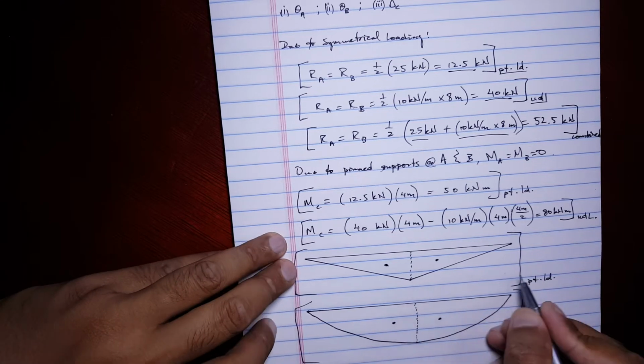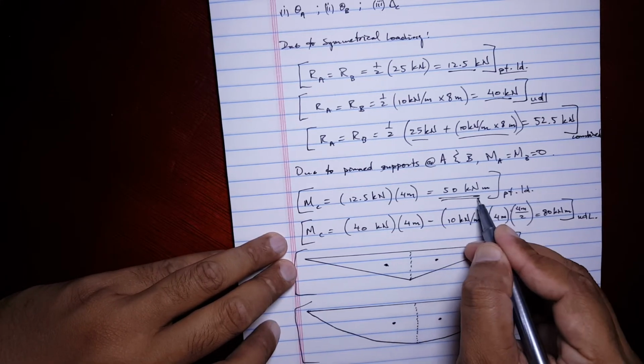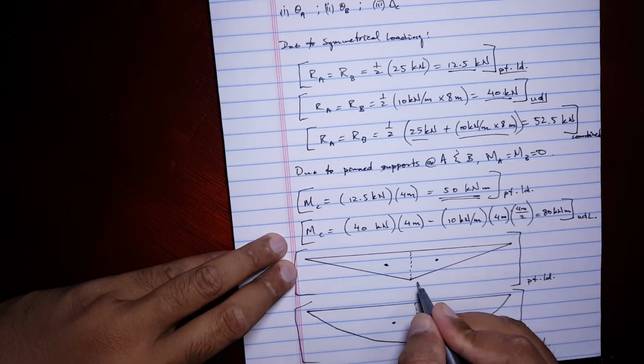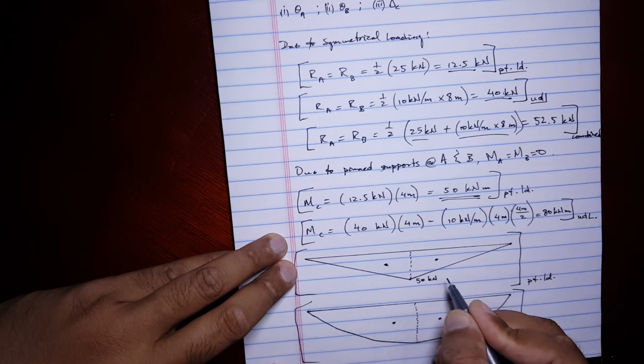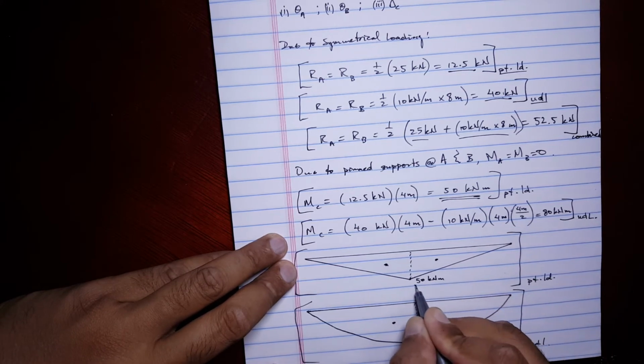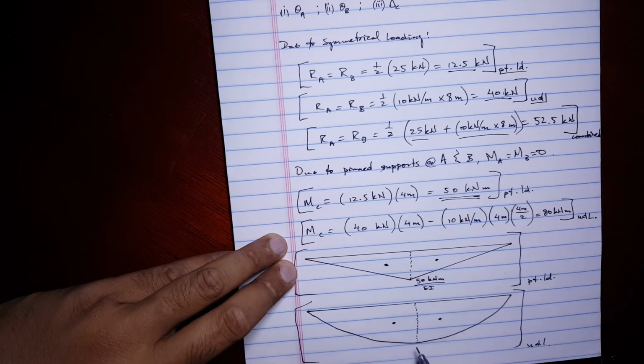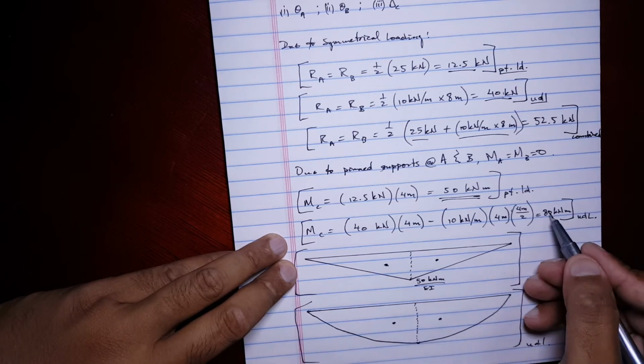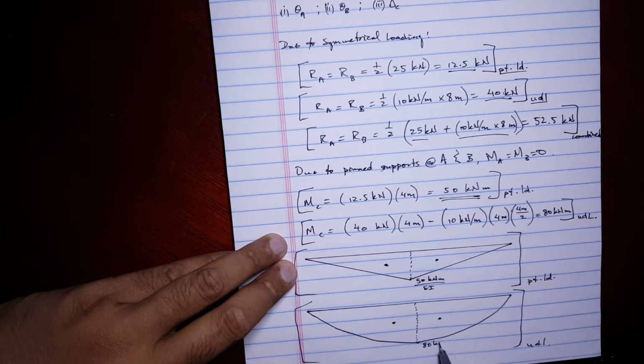And the values for the point load, the maximum was this 50 kilonewton meter over EI, and this maximum value here was 80 kilonewton meter over EI.